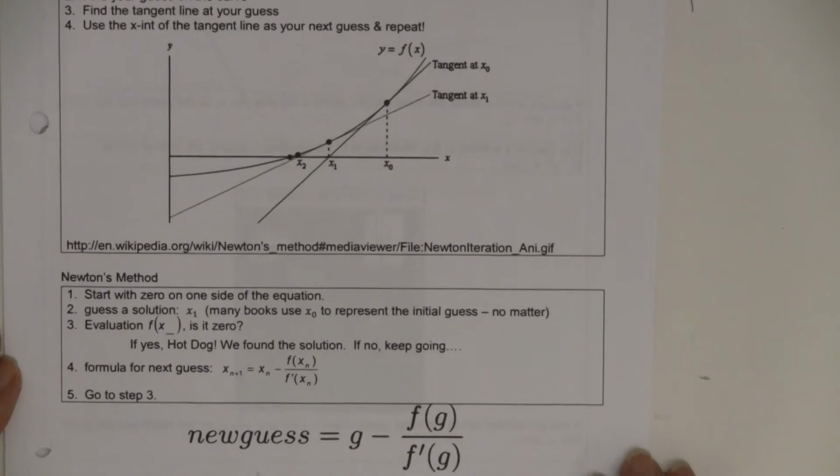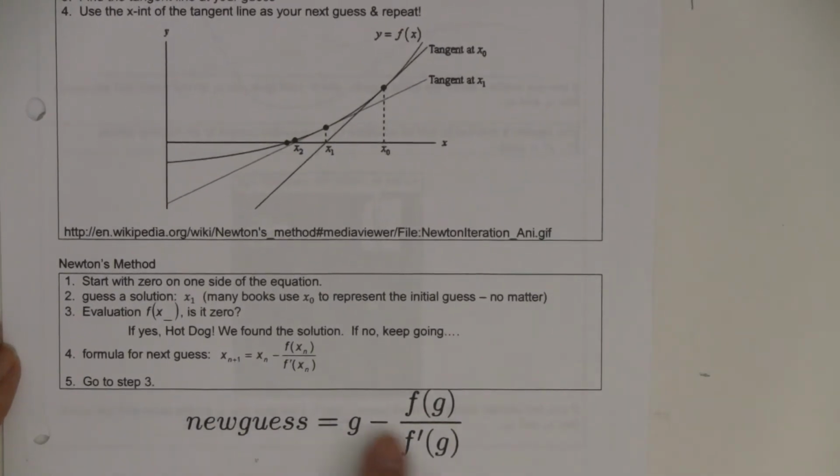And I like how this was put, from something on the internet: your new guess is equal to your last guess minus your function evaluated at your last guess divided by the derivative evaluated at your last guess. And then you would circle back.